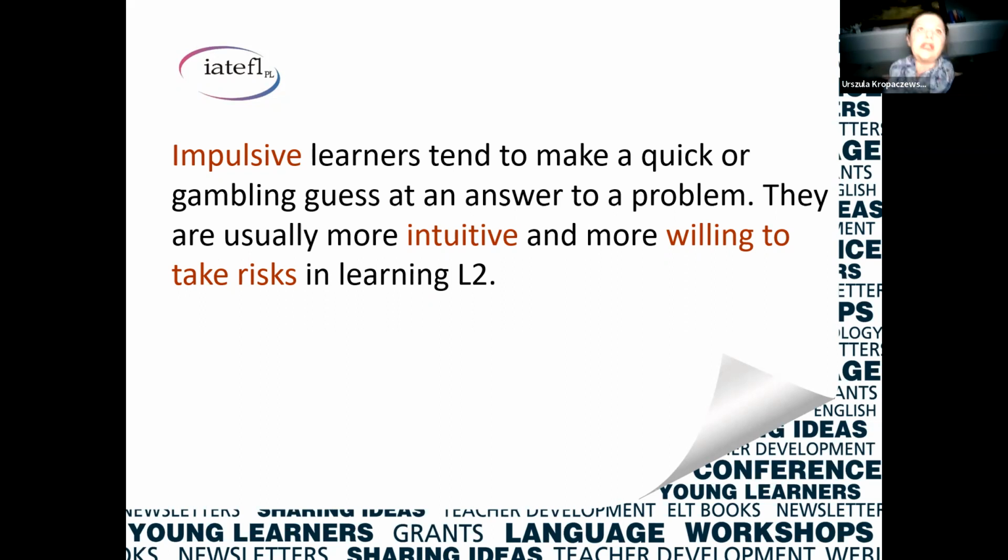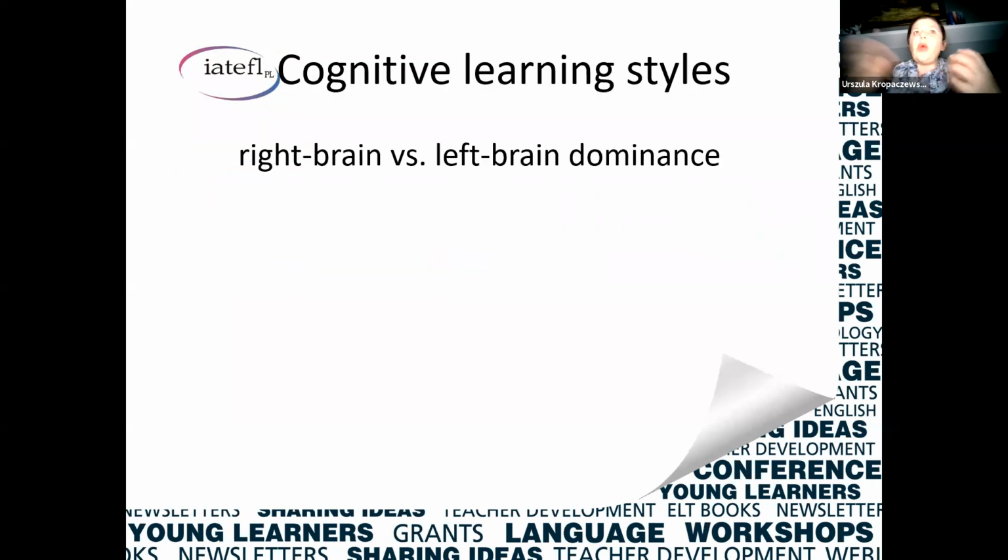Because if we only allow students to answer our questions right away, there will not be time for those who are reflective language learners or who are shyer to say something. So from time to time we need both kinds of learners, but we should discuss with them when we need those or that feature.